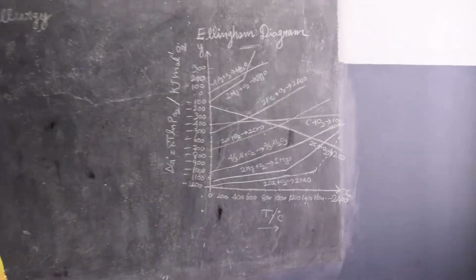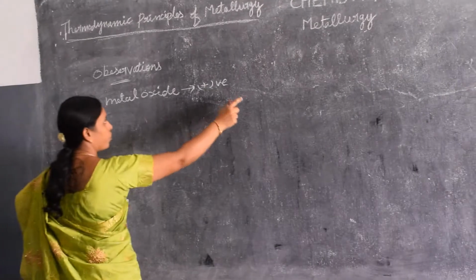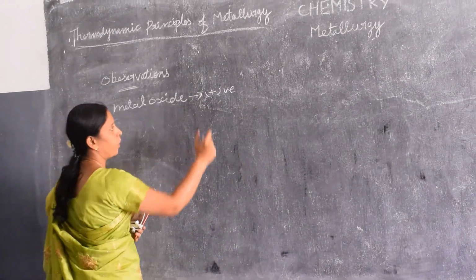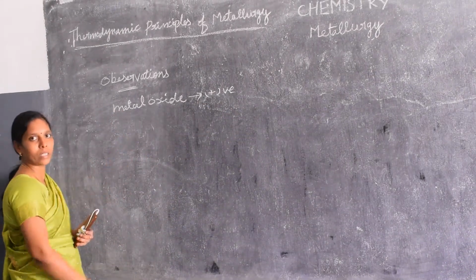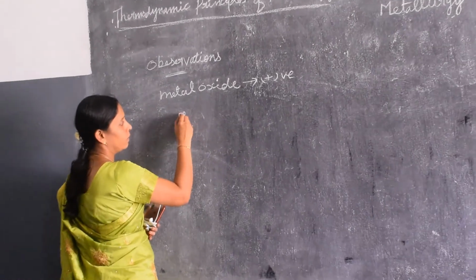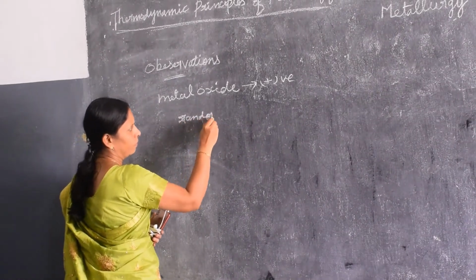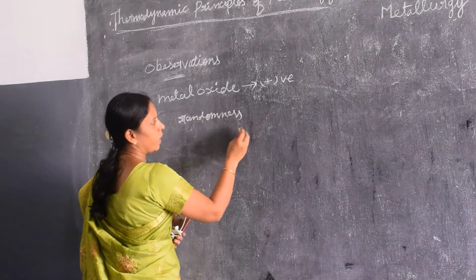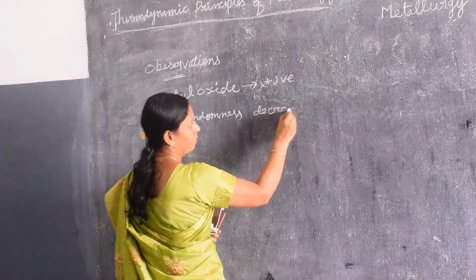So the metal oxides give a positive value, which means the randomness decreases.